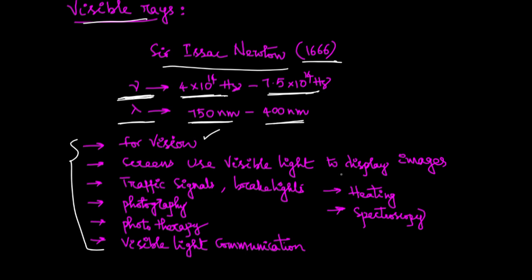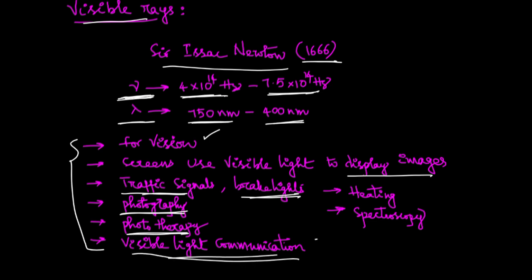Cell phone screens, TV screens, and computer monitors use visible light to display images or information. They are used in traffic signals and brake lights, in photography, and in phototherapy to treat some skin problems, and in visible light communication, we call it VLC. We can transmit data wirelessly using visible light. And in some cases, heating may be possible by visible rays.